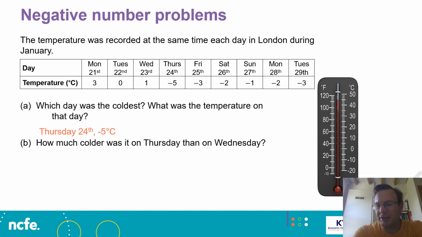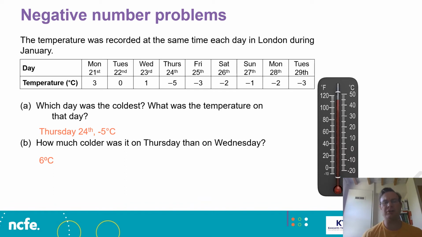So then we start to get slightly more complex questions. We're asking how much colder was it on Thursday than on Wednesday? Have a little think about that question. Have a look at what Wednesday was, and try and get your line out that you will have drawn and see how many you can count across. If Thursday was -5 and Wednesday was 1 degree, how many skips along your line does it take to get from Thursday to Wednesday?